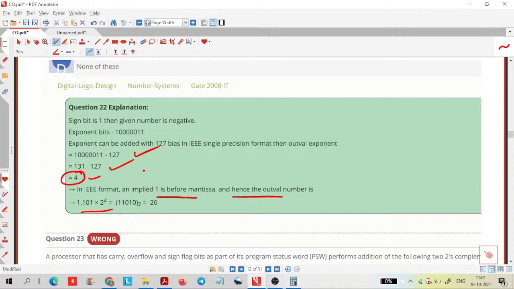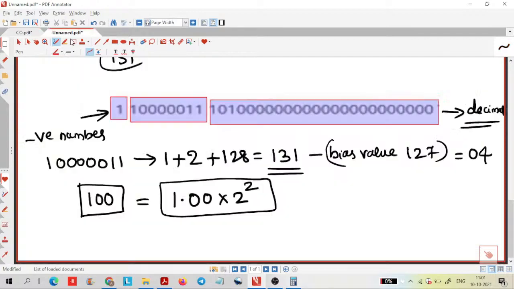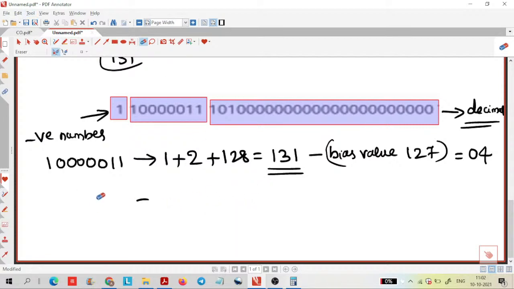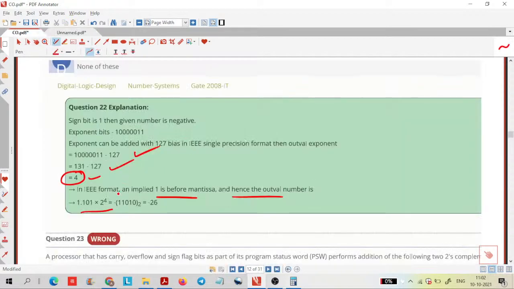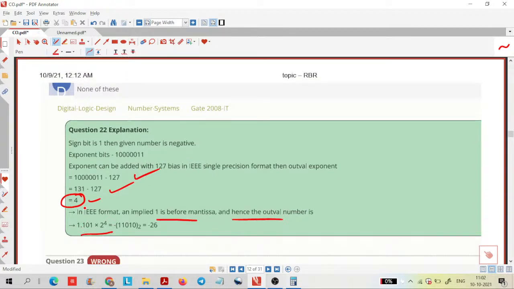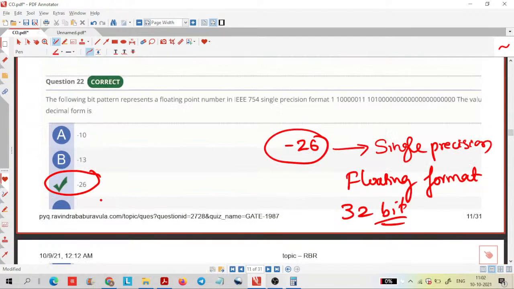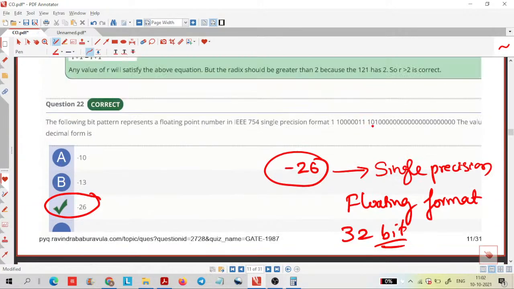Okay, so sign will be there, and in this particular case, what is the exponent value? 101.